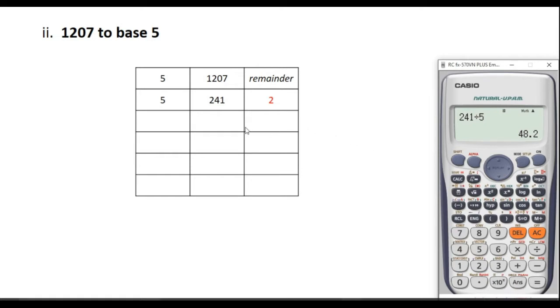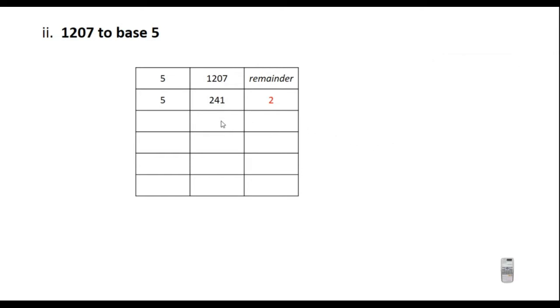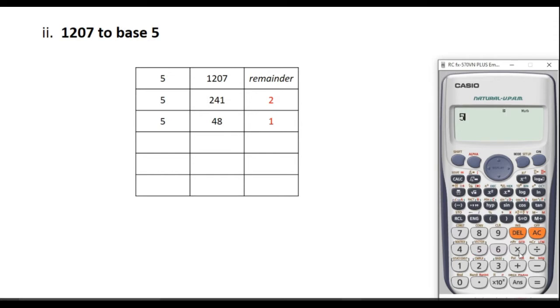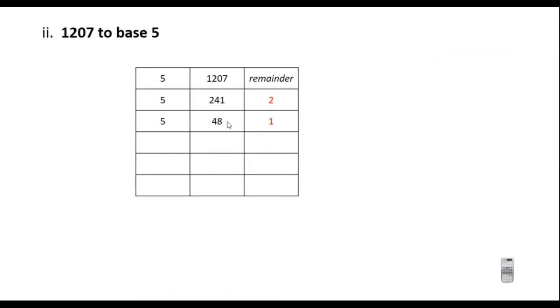So the whole number is 48, and we write 48 here. Now I'm going to show you how to find the remainder. Multiply 5 by 48, and we are getting 240. Subtract 240 from the number on top of it. So 241 minus 240, and you see that the remainder is 1. I hope it's clear now.